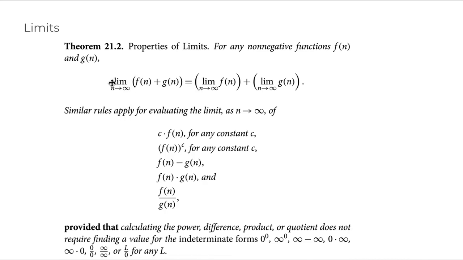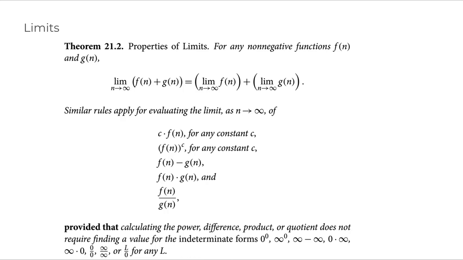We're given two functions, and we define a third function, f(n) + g(n), and then the limit as n tends to infinity can be written as the limit as n tends to infinity of f(n) plus the limit as n tends to infinity of g(n), right? Now something to note here is that there is something called undefined forms. There could be any of these ones that you see: 0 raised to 0, infinity raised to 0, infinity minus infinity, 0 times infinity, infinity times 0.